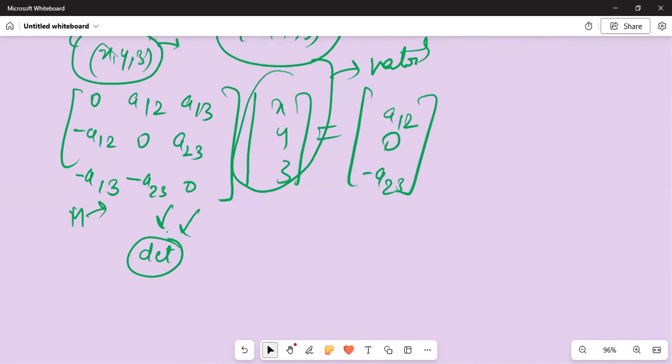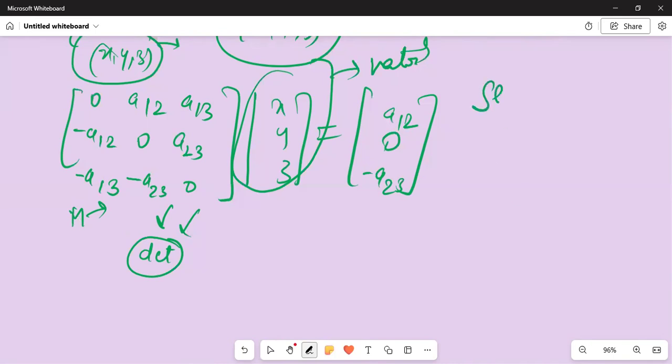Now, if you solve it using the basic method, you calculate the minors and cofactors to calculate the determinant. That is also fine.